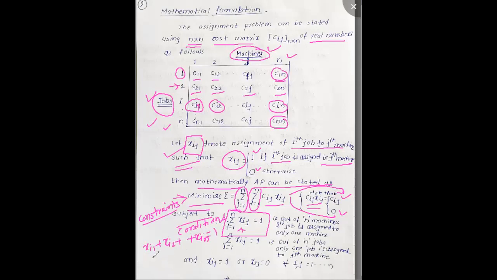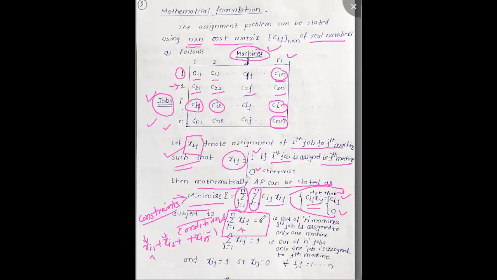Now this variable can take only two values, either 1 or 0. If one of them is 1, then the right hand side is also 1, so all other variables will be 0. So only one variable is 1 in these n terms, and the others will be 0, because we require this sum equal to 1.